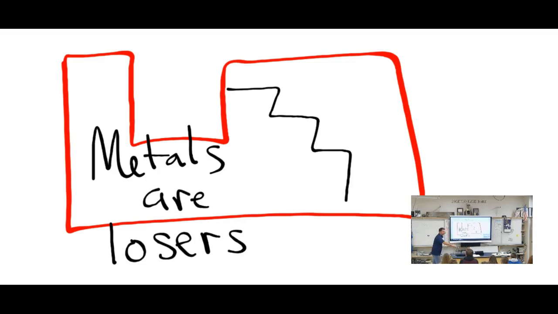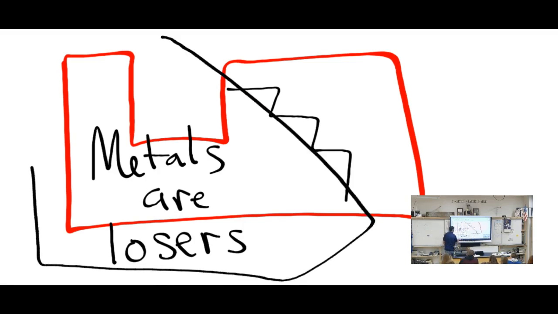Poor guys. Probably got swirlies in junior high, right? Metals are losers. Now, when we talk about losing, gaining, or sharing, what are we talking about? Starts with an E. Electrons. Thank you. So our metals, which are all of these things, they are defined as metals because they're losers. They lose electrons in chemical reactions.